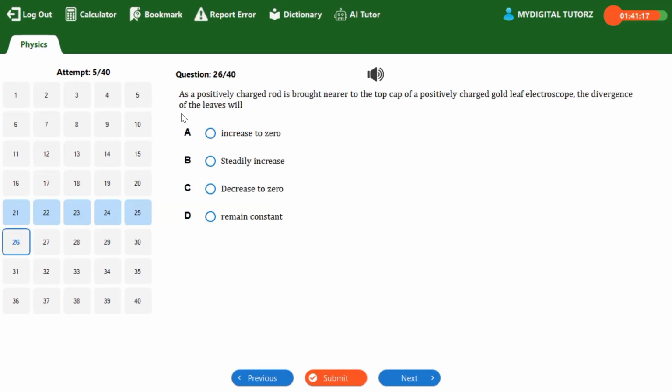So from what we have here, the gold leaves are already charged positive, so the leaves are apart. And when a positively charged rod is now brought near the cap, it pushes more positive charge down to the leaves, thereby causing more divergence, right? Therefore, the leaves will diverge steadily, increasing. More divergence, meaning that it increases steadily. Is that clear now? In the process, it was charged by induction.